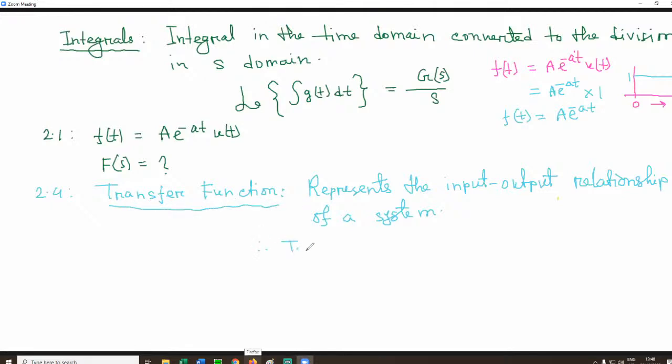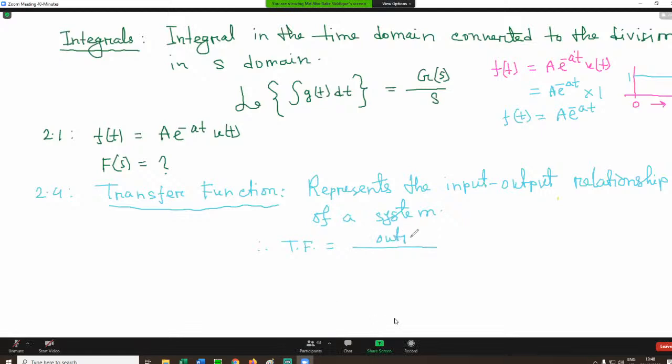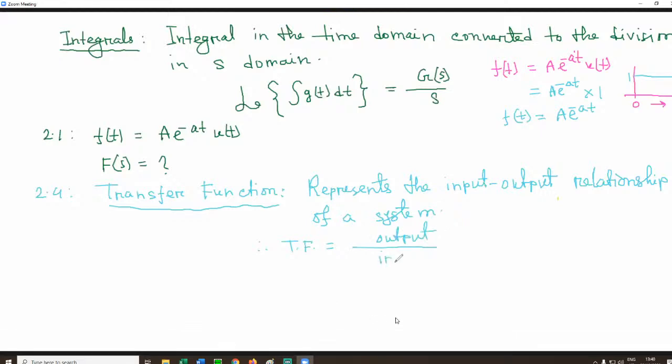In short, you can write TF for transfer function. It is not efficiency, efficiency is a different thing.